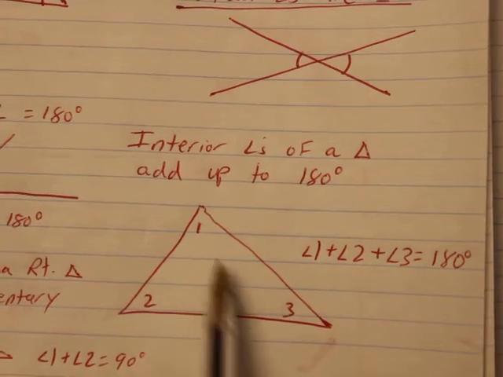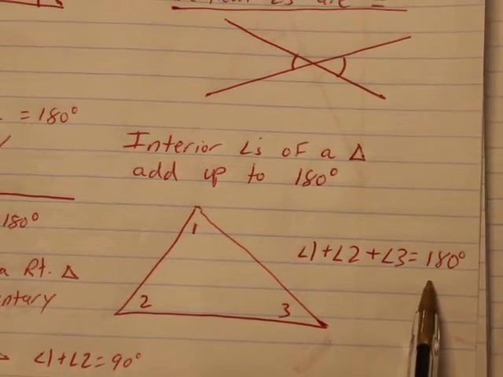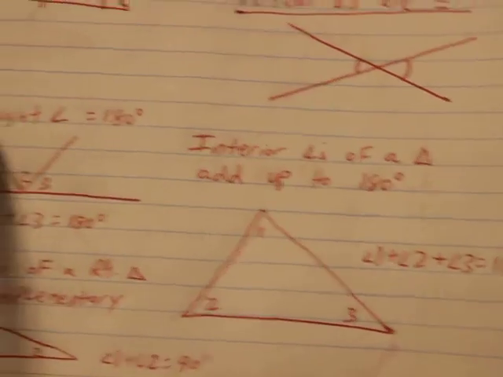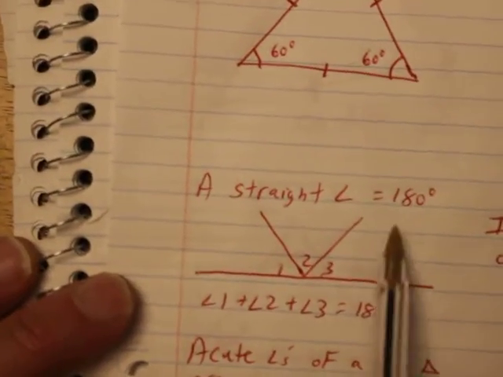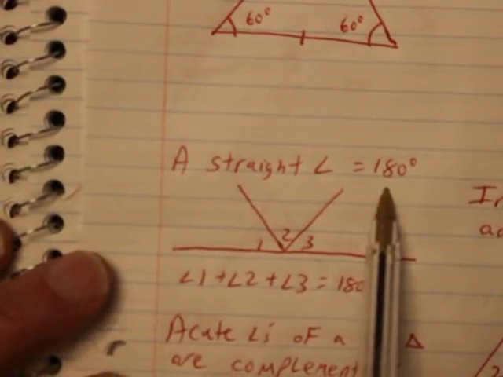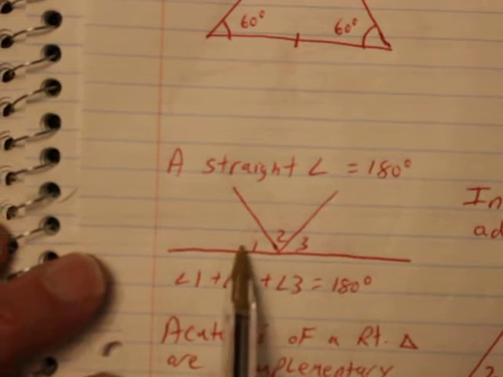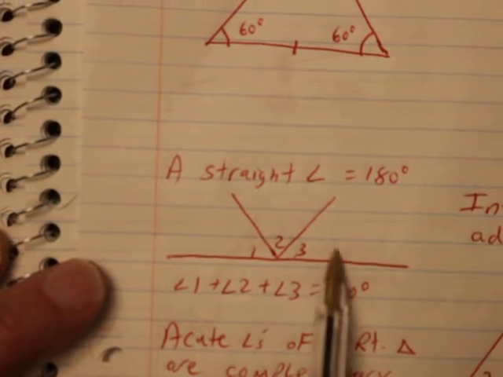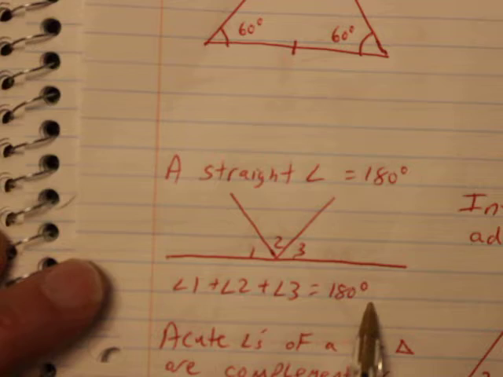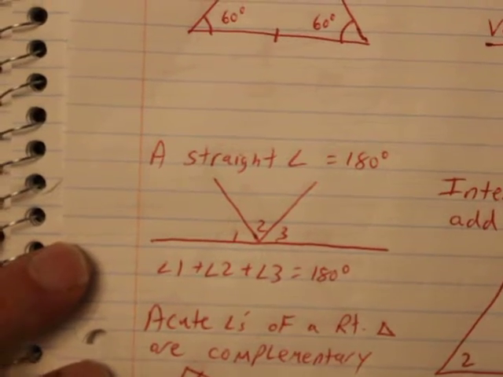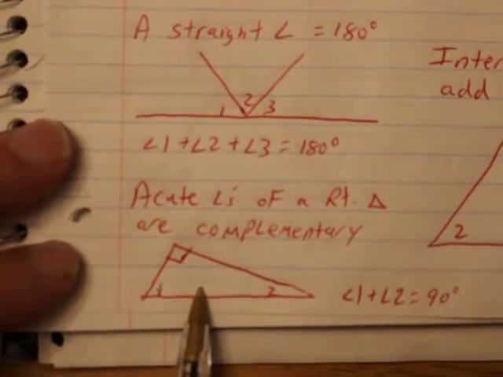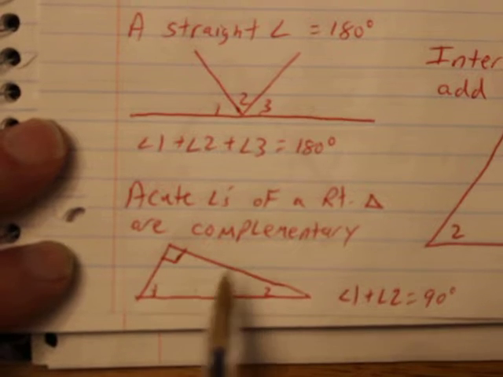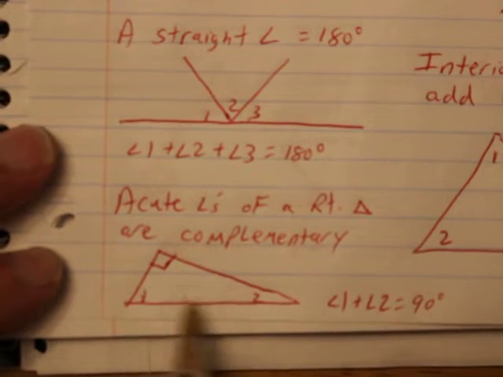So triangle, 3 angles, and they all have to add up to 180. You have to remember that a straight line or a straight angle adds up to 180 degrees. So if there were 3 angles that made a straight line, they would all have to add up to 180.